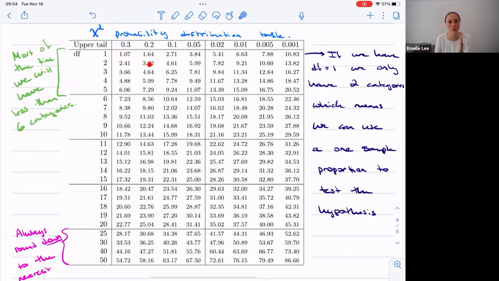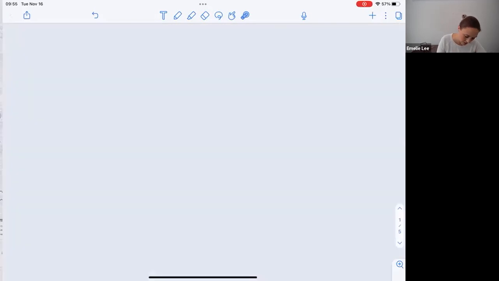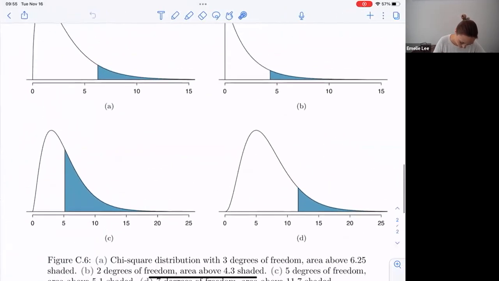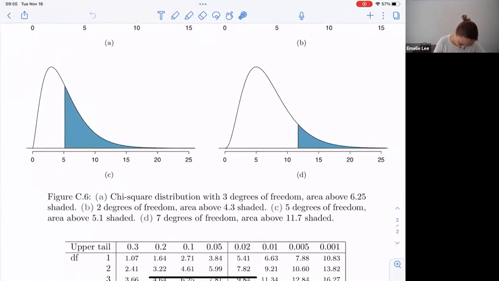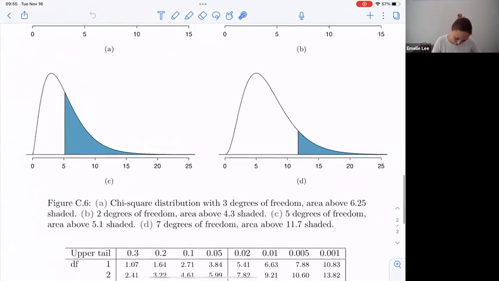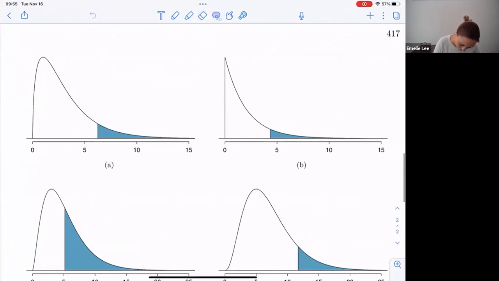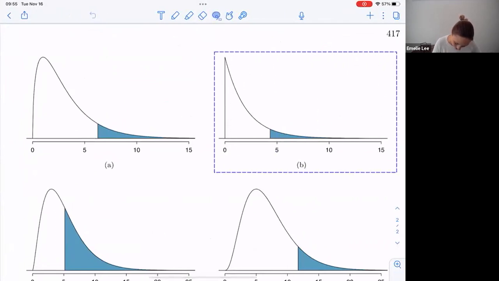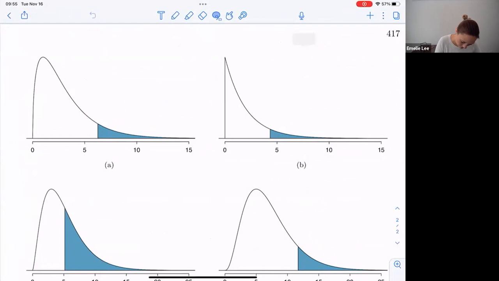At 3.22, the area in the tail is 0.2. At 4.61, the area in the tail is 0.1. At 5.99, the area in the tail is 0.05. So notice how we're working our way through here. And I wonder if we have 2 degrees of freedom. Something like this.